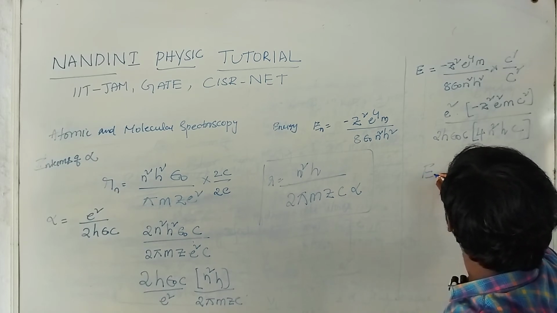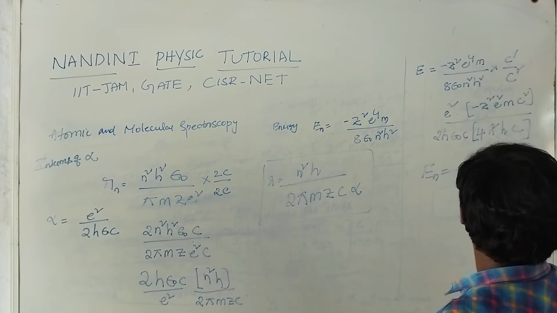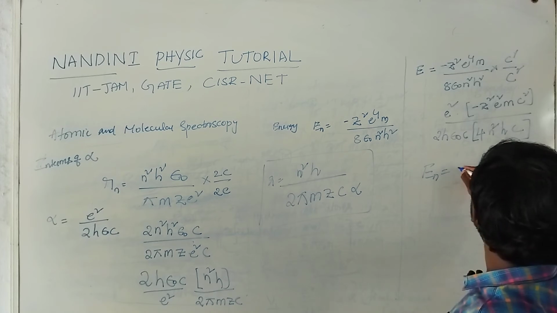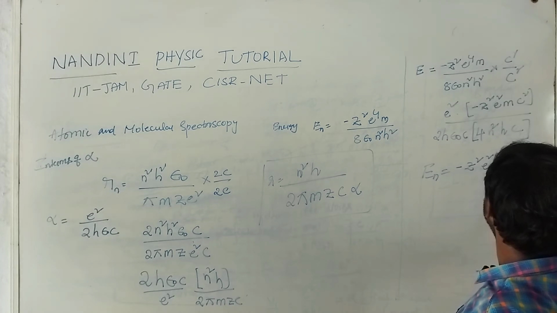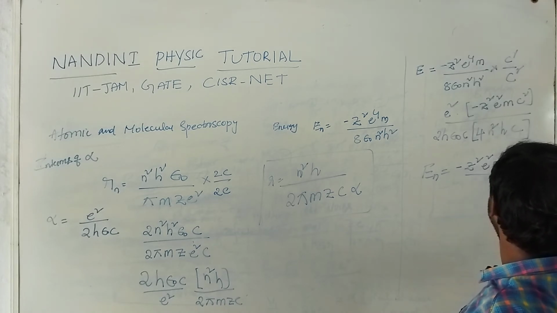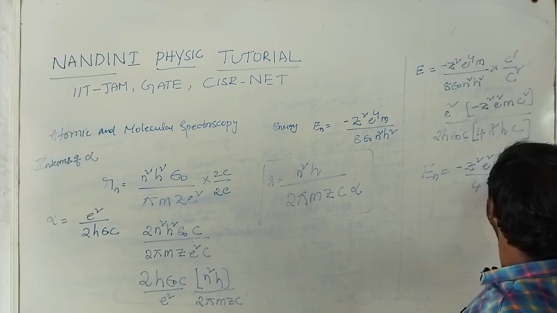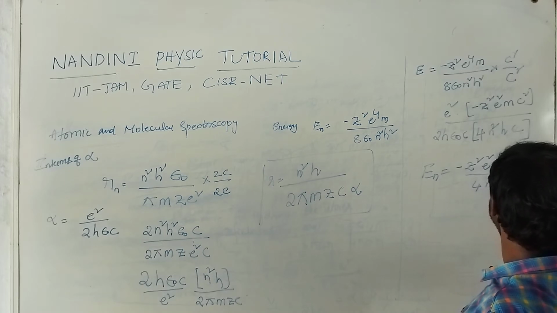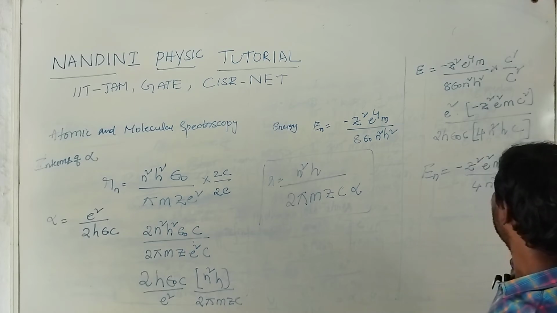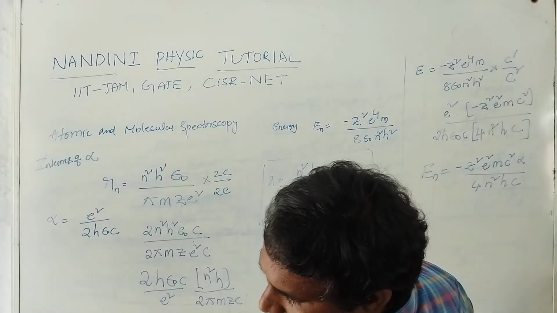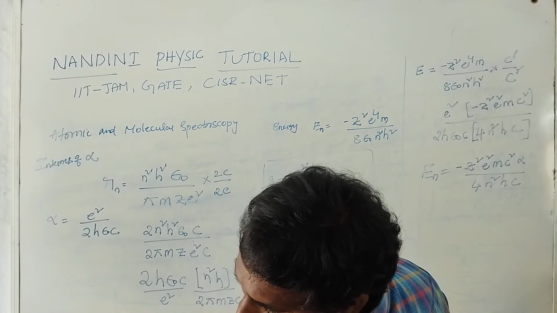So E n is equal to minus Z square e square m c square alpha divided by 4 n square h c. So not c, okay, c something. So this is your final expression for energy.